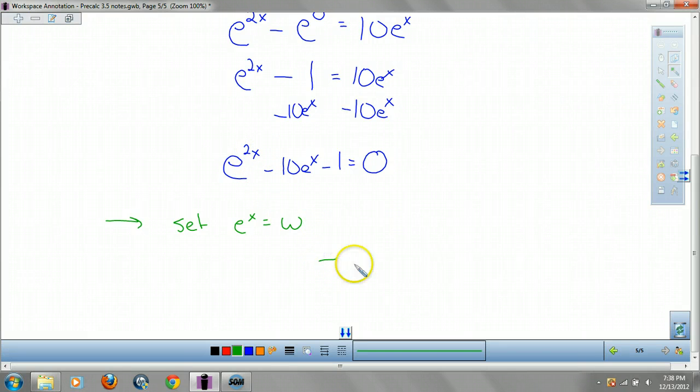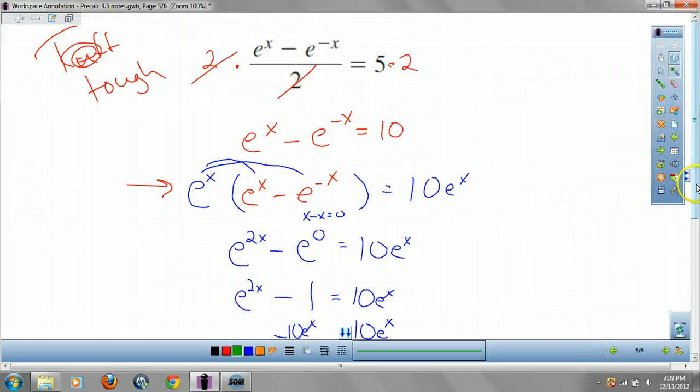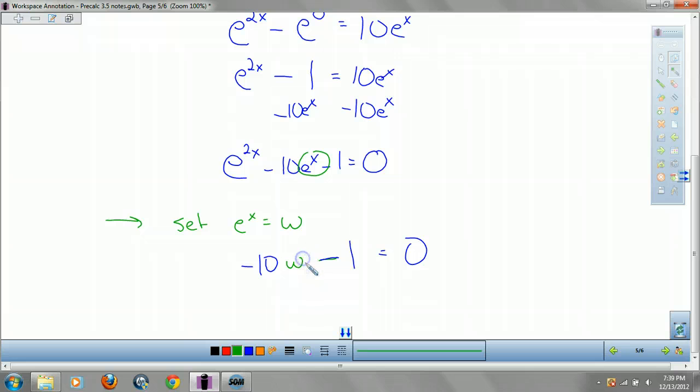So the negative 1 is still there, negative 10 is still going to be there, still equals 0. But now that e to the x is going to become a w. E to the 2x, that's the same thing as e to the x squared, right? So I can plug in w squared.